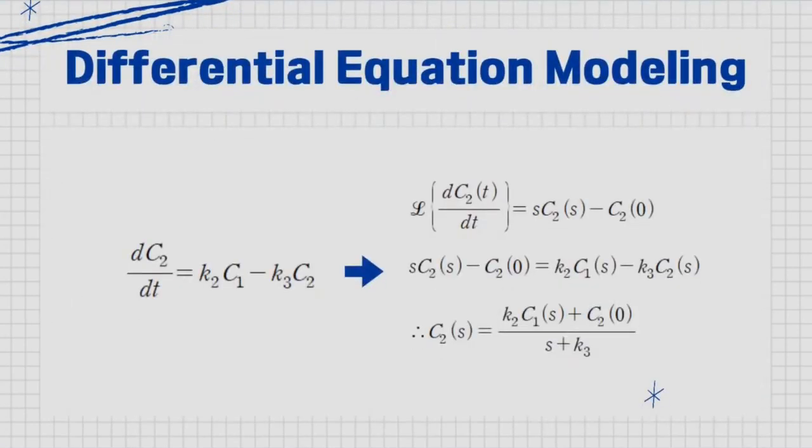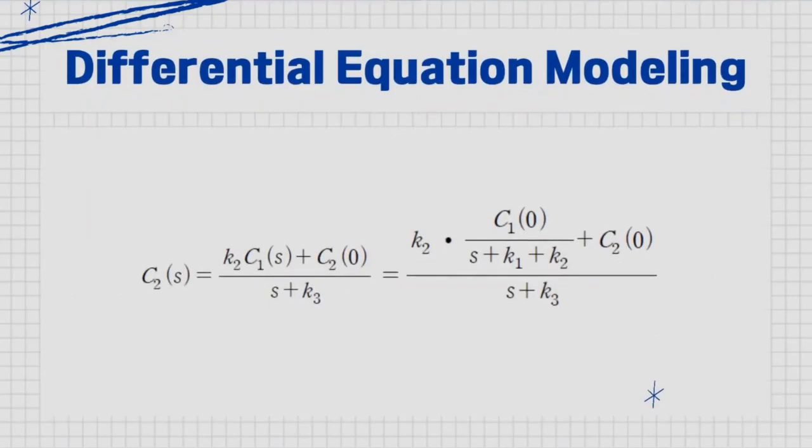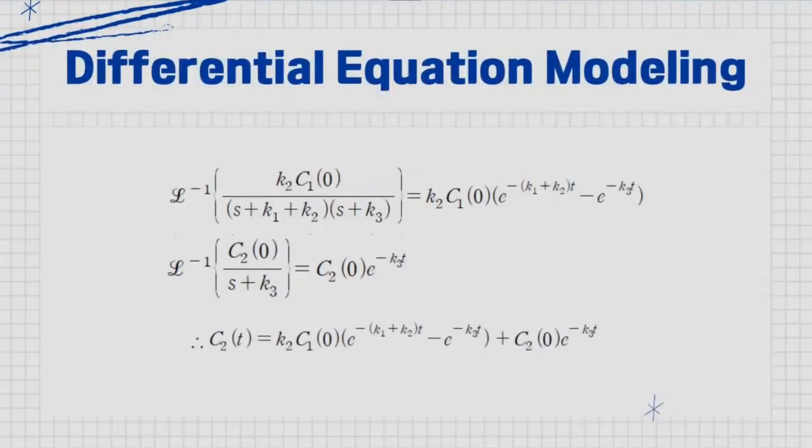To solve the second differential equation, we apply the Laplace transform to both sides and simplify, leading to another equation. Substituting the previously obtained expression, we rewrite it as follows. By separating it into two terms and applying the inverse transform to each, we derive the expression for the concentration in the peripheral compartment.